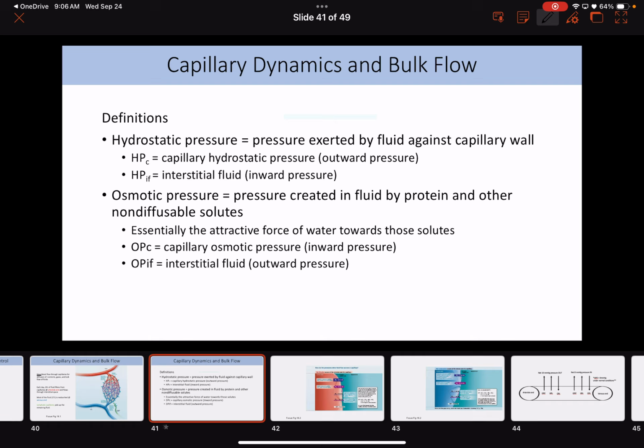So if we have protein in the capillary, but little to no protein in the interstitial fluid, water is going to be much more attracted to the capillary than it is going to be to the outside. Does that make sense? Okay. So that's actually going to help allow fluid to be delivered on one side and then fluid to be picked up on the other side. That's going to be determined by these differences in pressure.